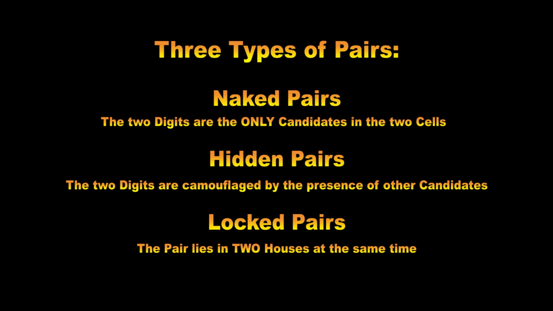A naked pair is one in which the 2 candidates are the only candidates in the 2 cells. A hidden pair is when the 2 candidates are contained in only 2 cells of a particular house, but they are camouflaged by the presence of other candidates. And a locked pair is simply a naked pair or a hidden pair that lies in 2 houses at the same time.